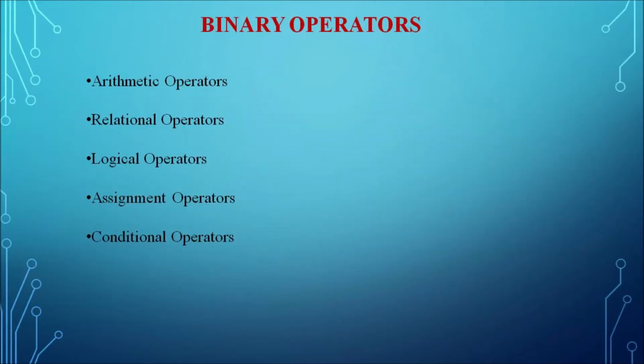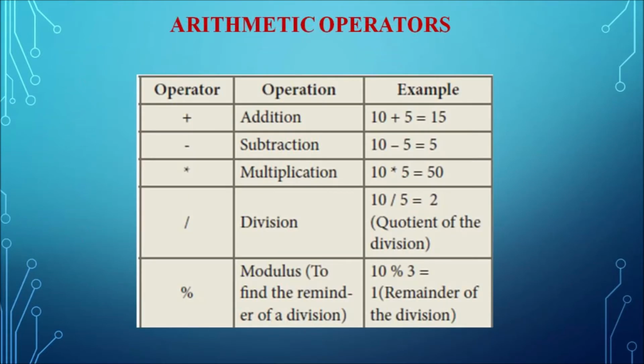We have seen the classification of operators, that is, three classifications. The binary operators are further classified into arithmetic operators, relational operators, logical operators, bitwise operators, assignment operators, conditional operators, and some other additional operators. First we are going to see the arithmetic operators. Arithmetic operators perform addition, subtraction, multiplication, division, and the fifth one is the modulus operator.